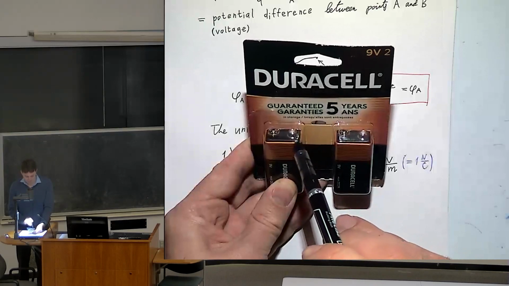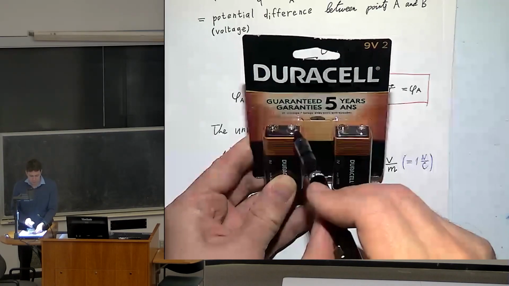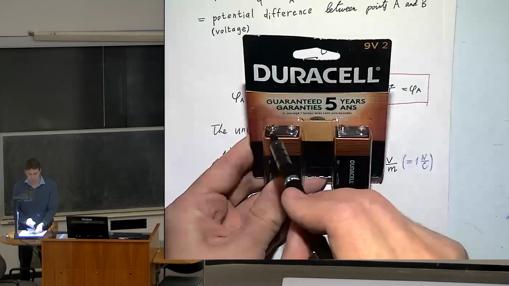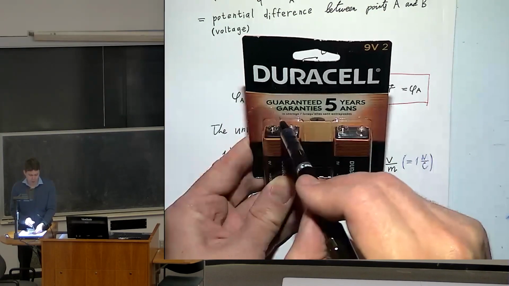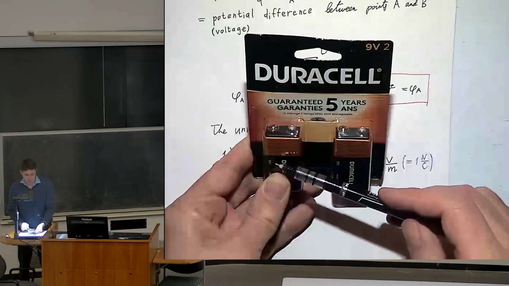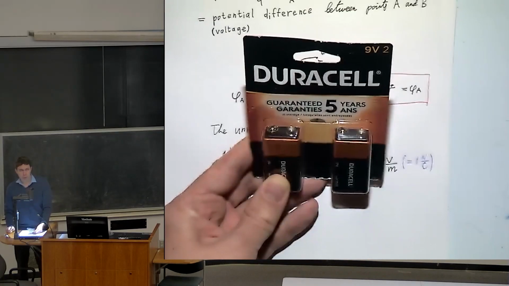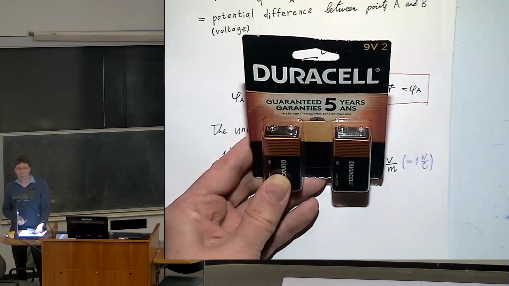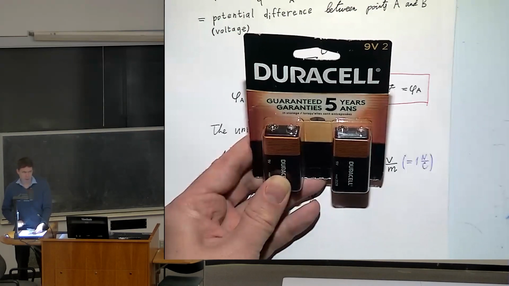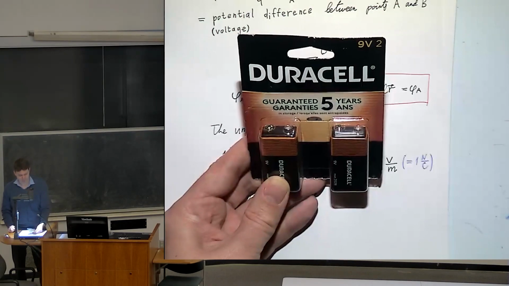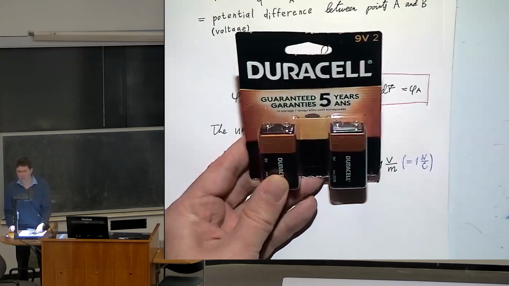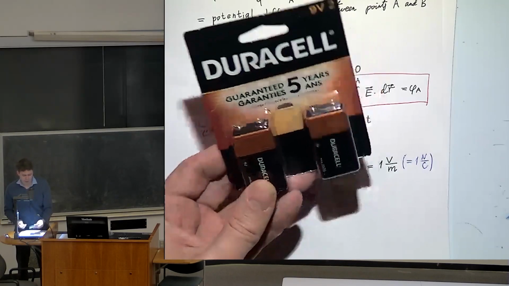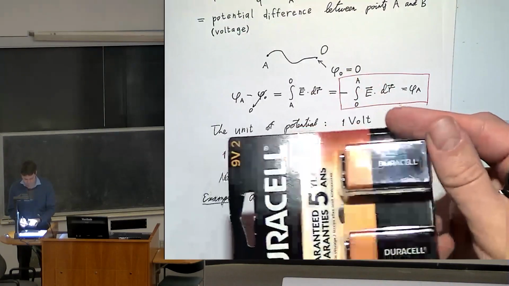It means that when moving 1 coulomb from here to here, when moving a unit charge, it will do 9 joules of work. But of course, it can move much more before it gets exhausted. And we can actually tell how much it will move.